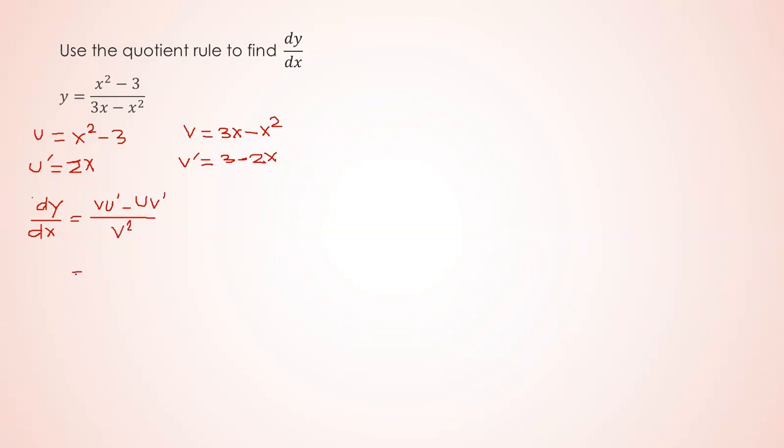Okay. v equals 3x minus x squared, du/dx equals 2x, u equals x squared minus 3, and dv/dx equals 3 minus 2x.